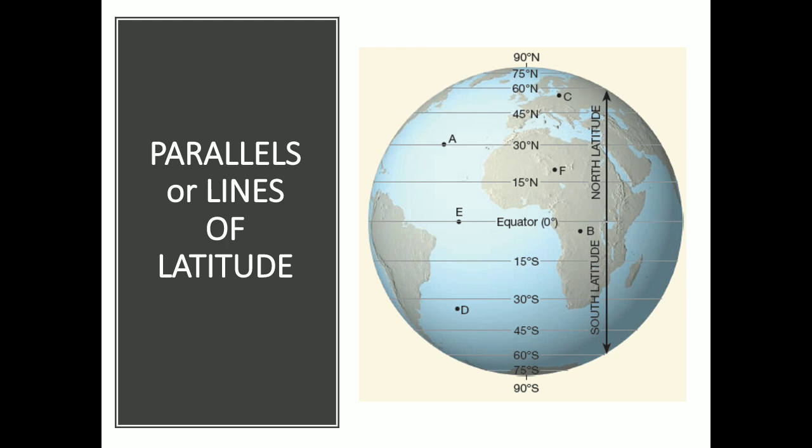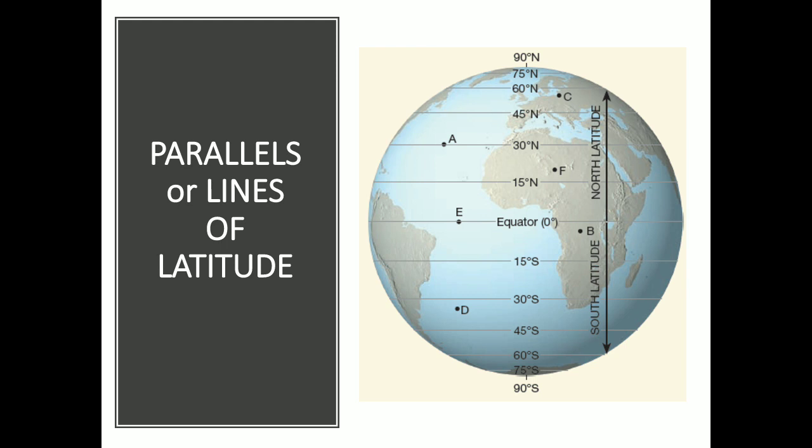If we start from the equator towards the north side, then after every 15 degree we have a particular place, like 15 degree north, then 30 degree north, then adding 15 degree, it will be 45 degree north, then again 15 degree we will add, it will become 60 degree north, then again we will add 15 degree, and it will become 90 degree north. That means we reached the North Pole.